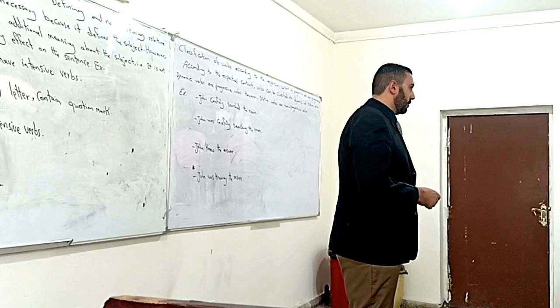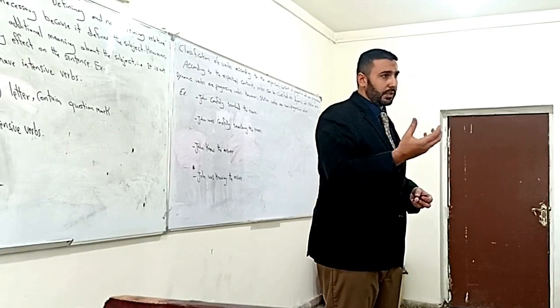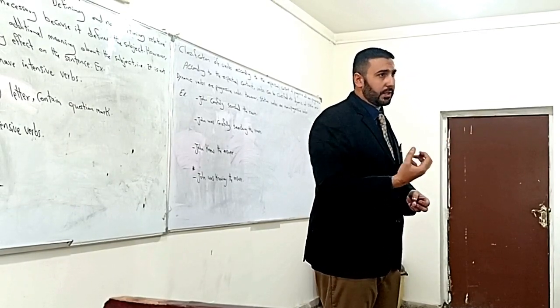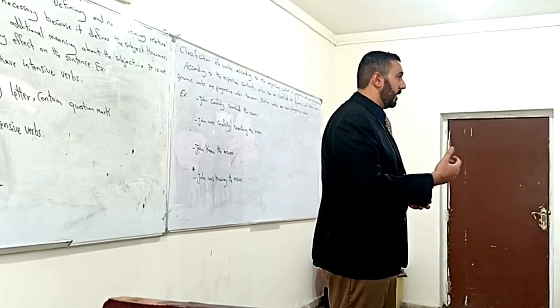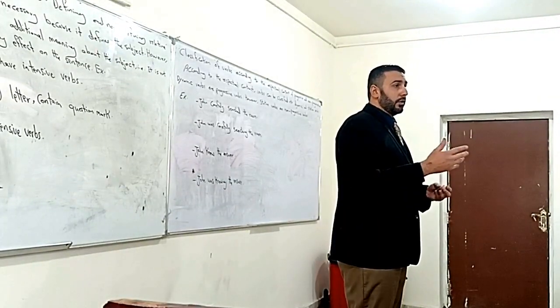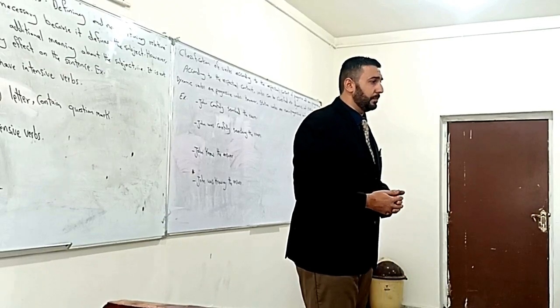I mean, the indirect object is referring to a person who is the recipient, or the one who receives the action or the thing that is done or given to him. Yes, please, your name?